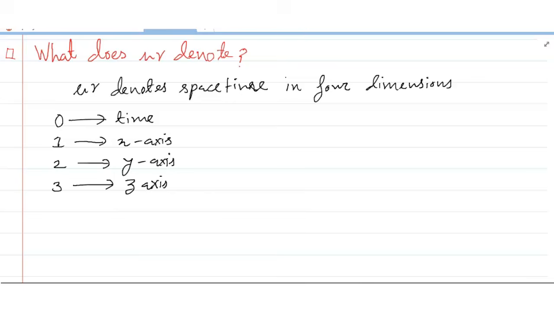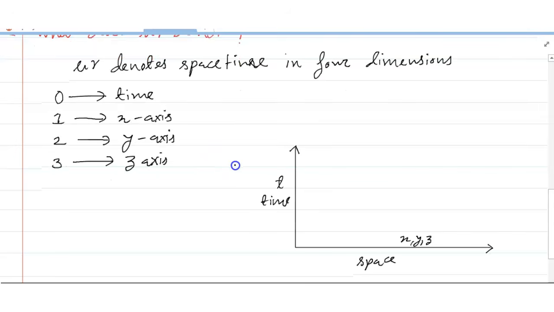I take a dimension. I am not taking into account the z-axis because it would be difficult to show this. t would be the time, which is shown on the y-axis, and x, y, z are the three spatial dimensions.